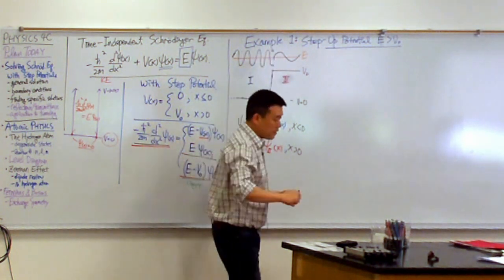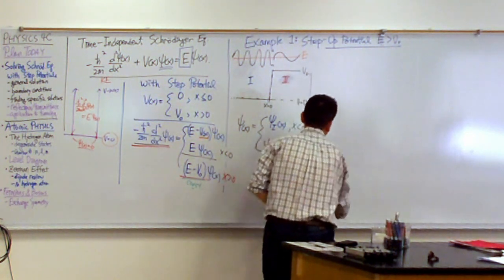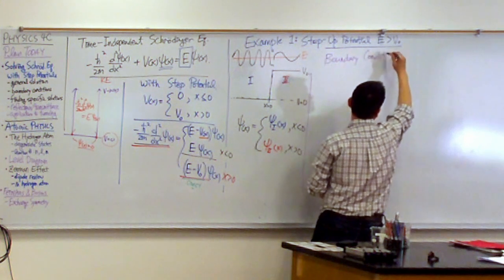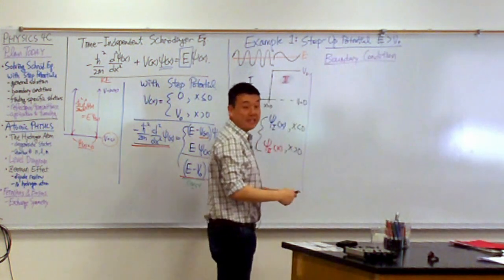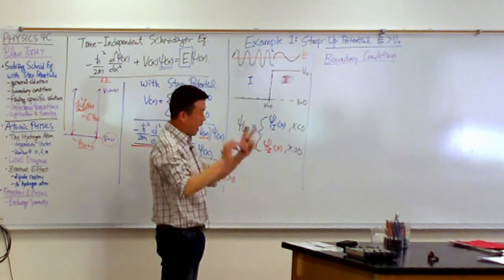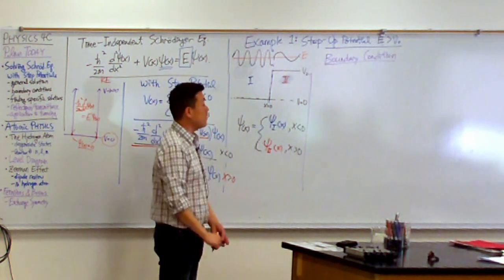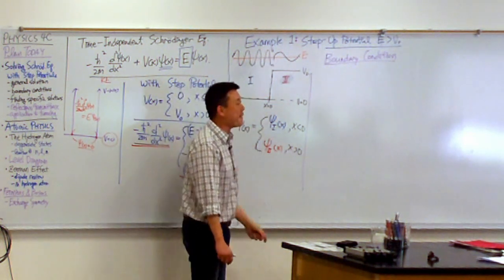So we have to enforce something called boundary conditions. This is something you might have seen in your differential equations class, or sometimes they call it initial condition because your boundary happens to be an initial time. In this context, we call it boundary condition. It's a condition at the boundary.